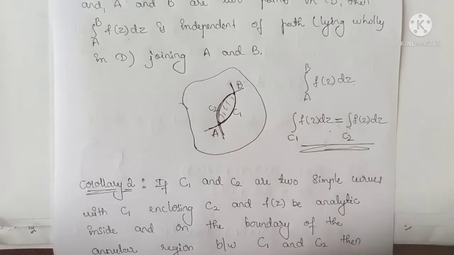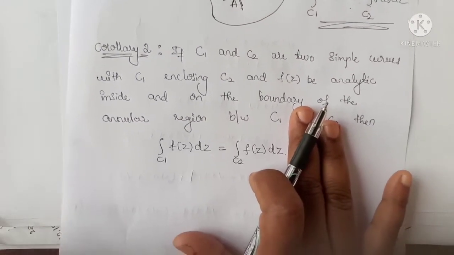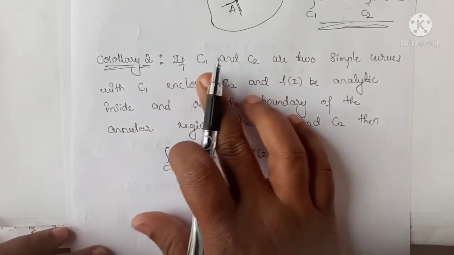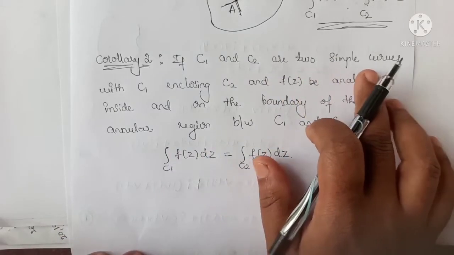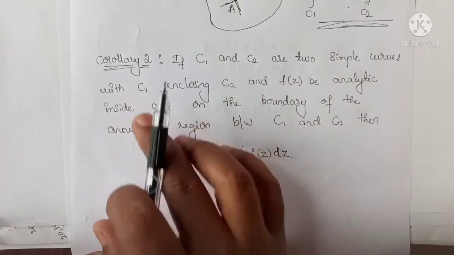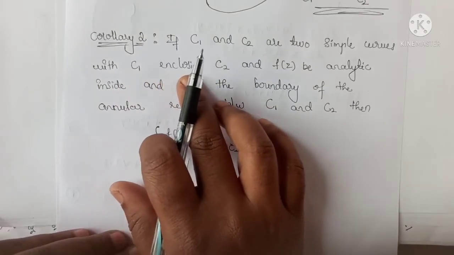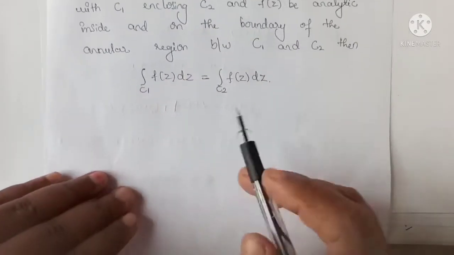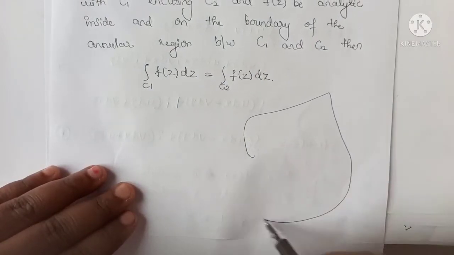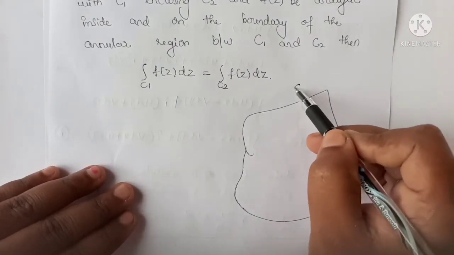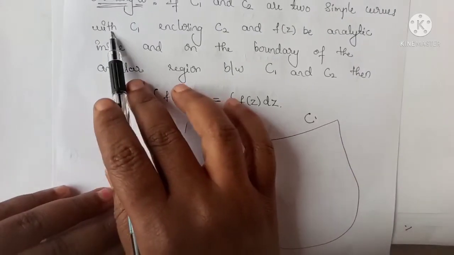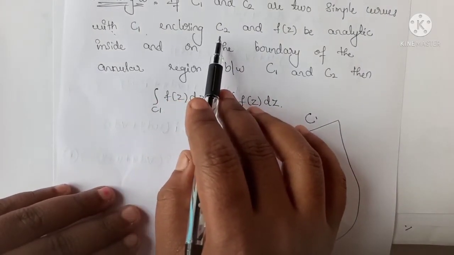Similarly we have another one, the second corollary: if c1 and c2 are two simple curves, with c1 enclosing c2.